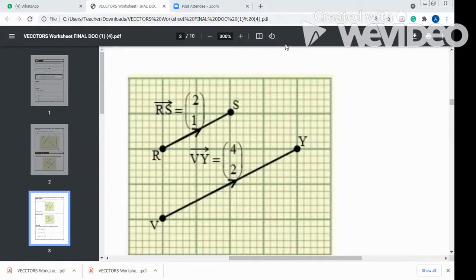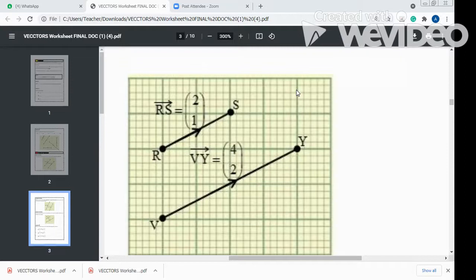You mean the 2 and the 1 and the 4 and 2? What you had written before with the red marker? That was an example. But I understand this RS because it's 1 going up and 2 across. And I understand the VY because it is 2 going up and 4 across.